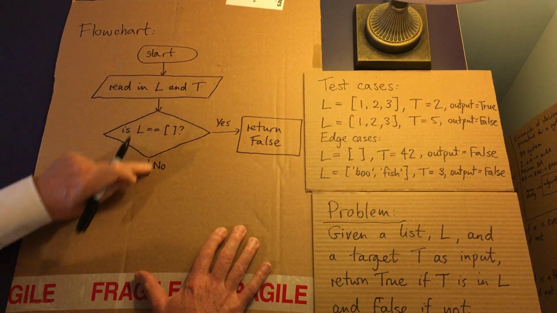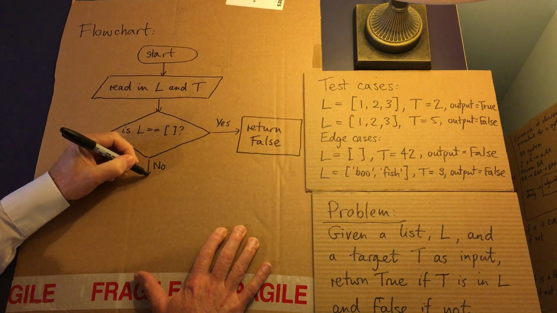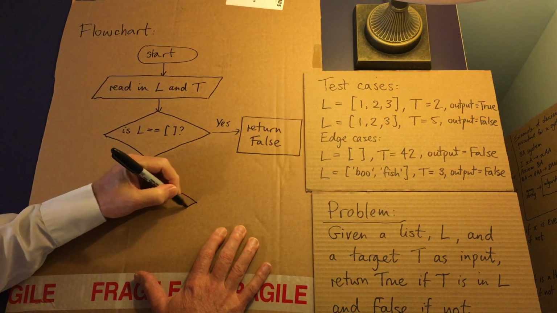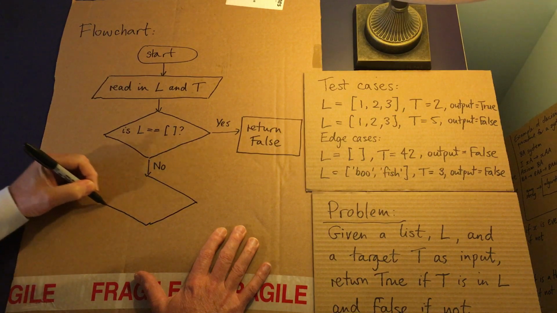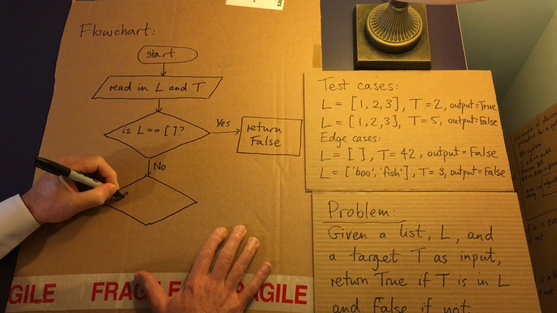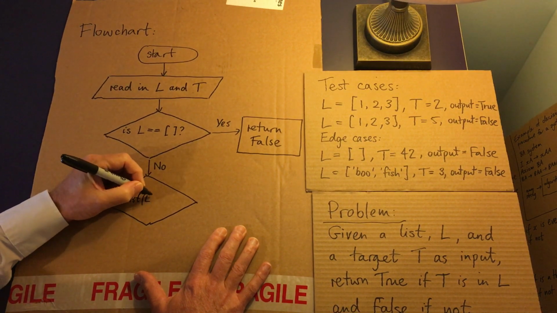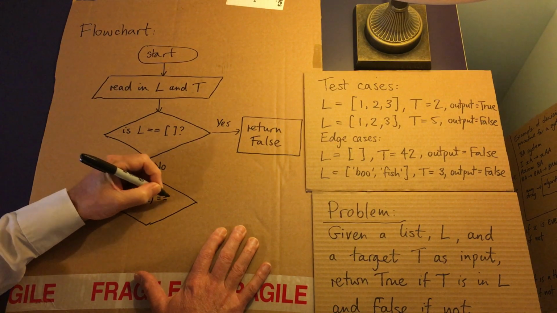Otherwise, if I'm down here, then I know that L has got some elements in it. So I can ask a second question now, and I can ask, is the first element of L equal to T?